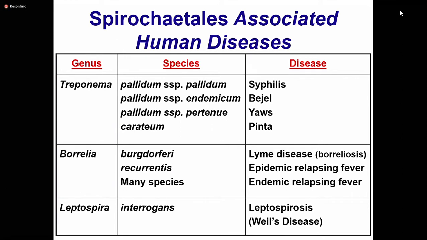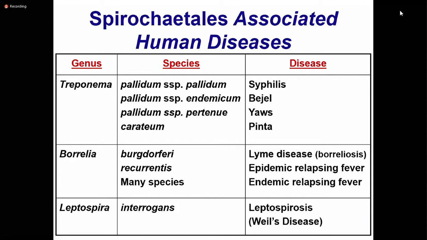Again, unfortunately, you have to memorize it, but this PowerPoint was almost 50 slides. I reduced it to about 20 or so, just for the sake of concentrating on the name, the disease, and a little bit of information related to the organism itself.